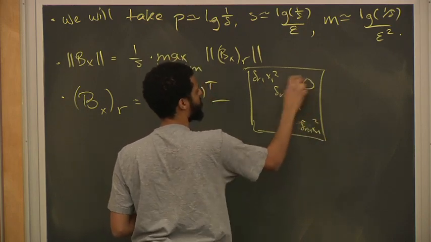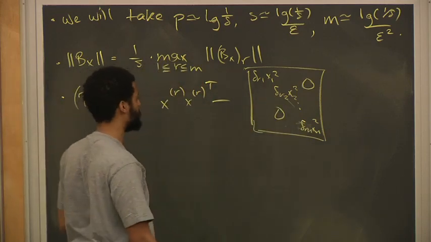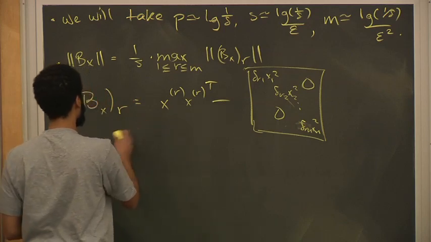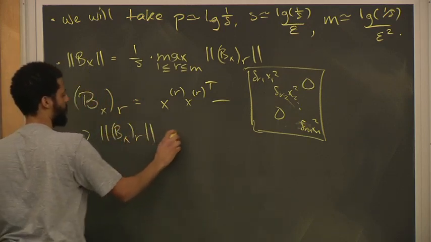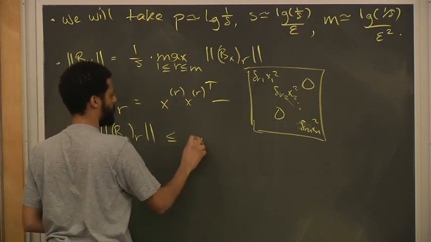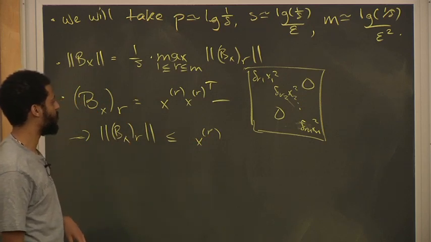This is a diagonal matrix, and everything off diagonal is 0. So this implies that the operator norm of B_x^r is at most the max of the two. Here x_r is where you zero out things depending on what's non-zero in row r.